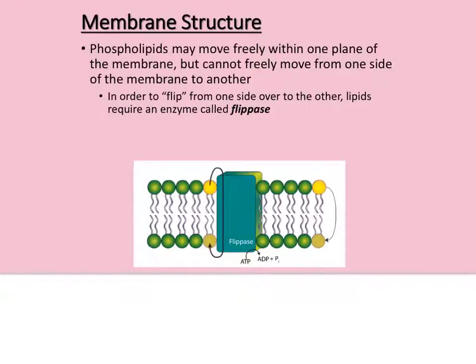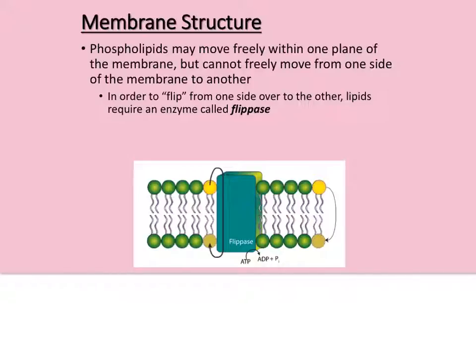Now the very last thing is that while phospholipids move around a lot on one plane, right, one side of the membrane, they don't generally move from one side to the other, like from the inside to the outside or from the outside to the inside. That just doesn't work very well, and it requires energy to occur.